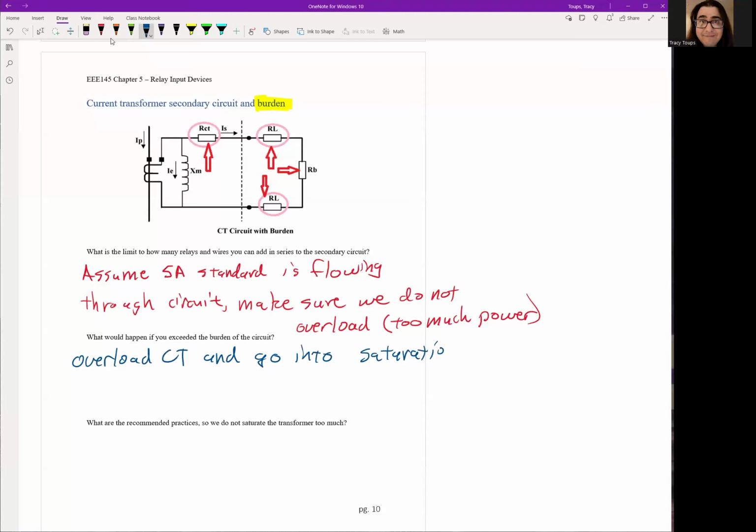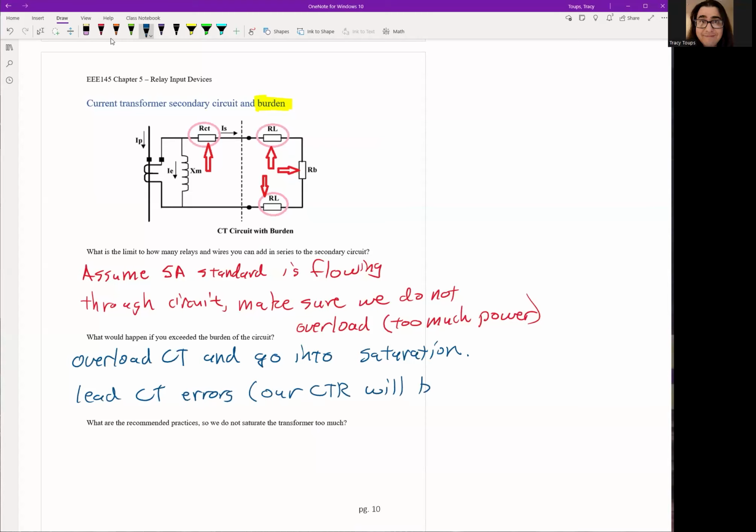Any type of transformer, anything with coils, if you ask too much of it, it's going to saturate the transformer, or in this case, saturate the CT. And this will lead to CT errors, meaning that our CTR will not work and will be inaccurate.